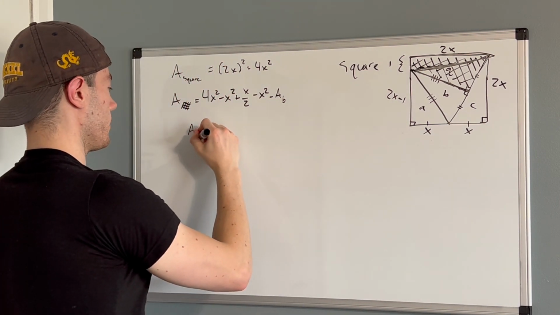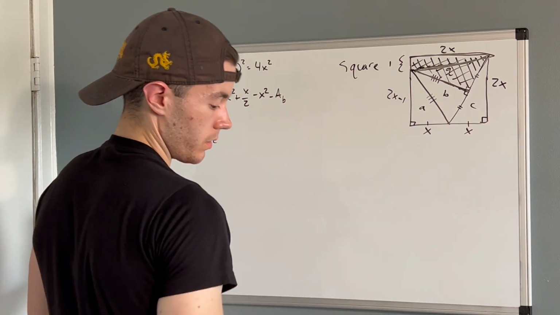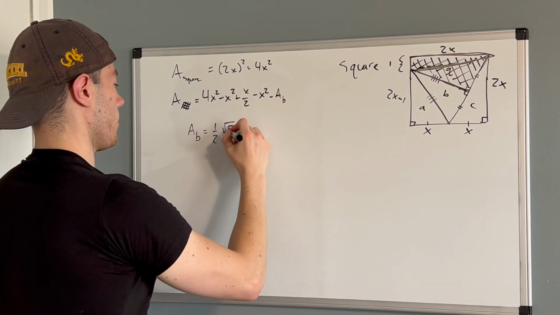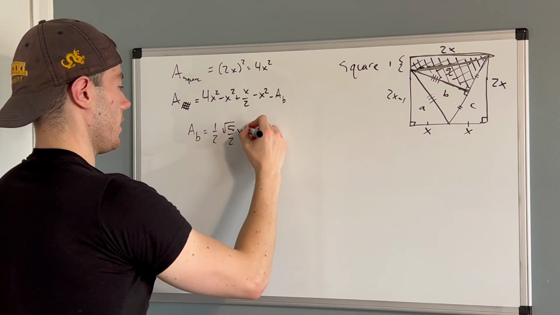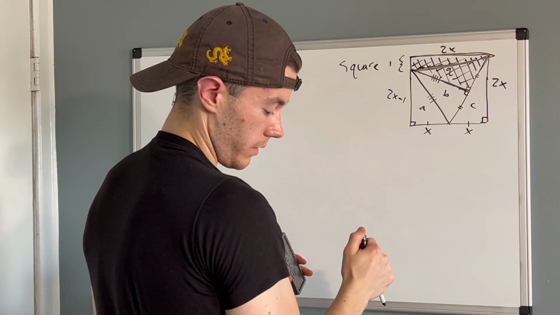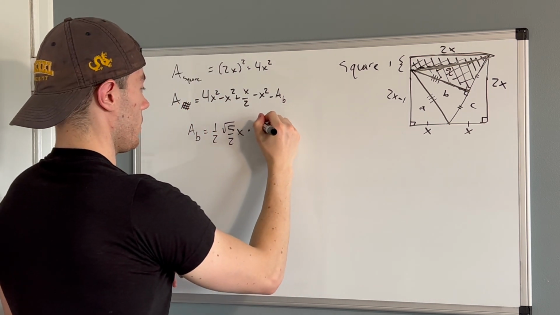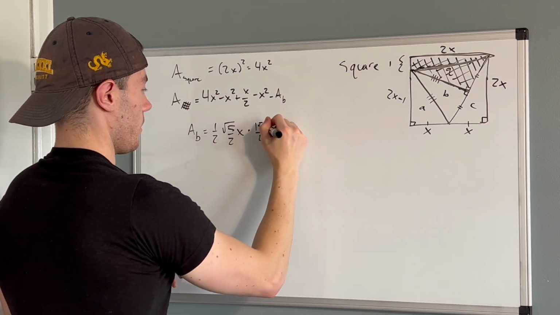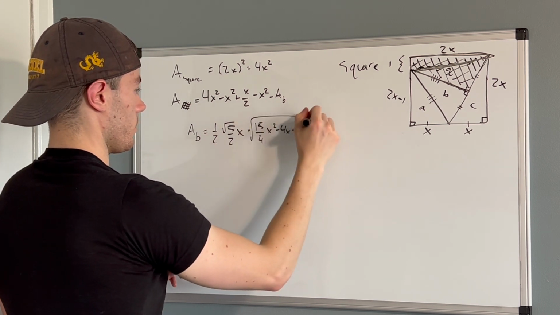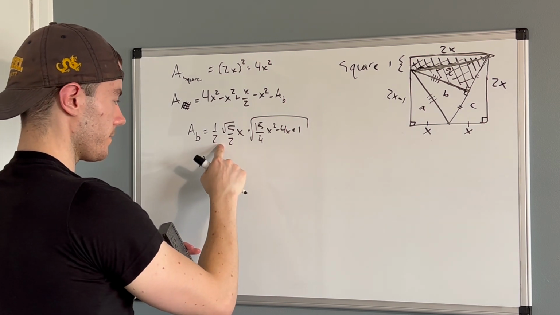So the area of B is 1/2 times the base, which was 2. But remember, 2 is equal to √5 over 2x. And the height was 4, and we found that 4 was equal to the square root of 15 over 4x squared minus 4x plus 1.